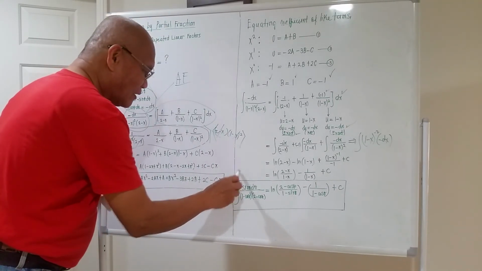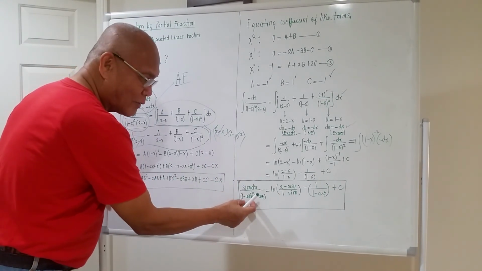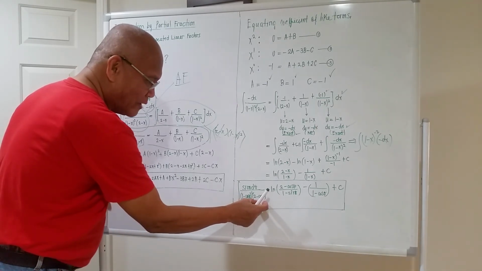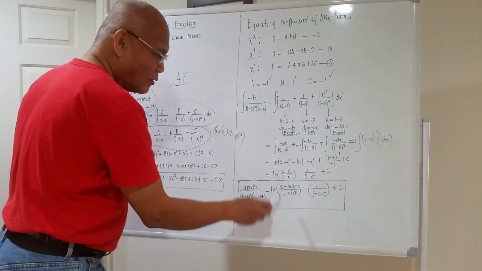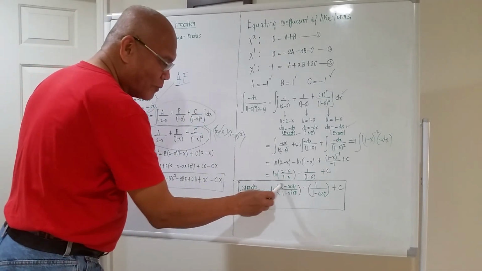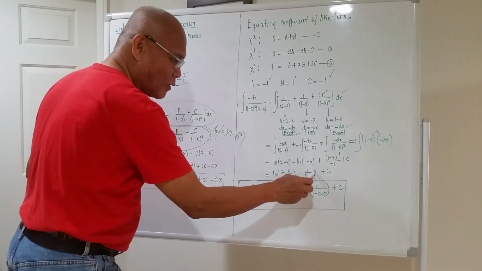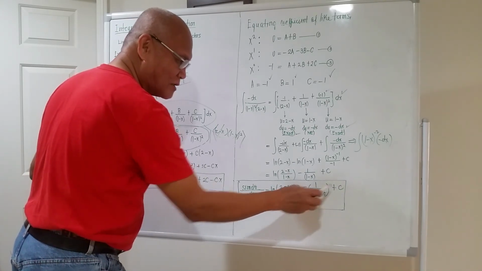Meaning, the integral of sine of theta d theta over the quantity 1 minus cosine of theta squared times the quantity 2 minus cosine of theta equals, final answer, natural logarithm of the quantity 2 minus cosine theta over 1 minus cosine theta, minus the quantity 1 over 1 minus cosine of theta, plus c.